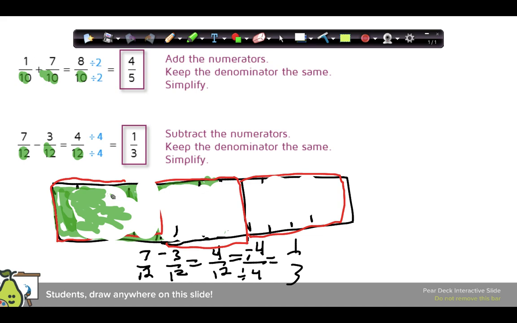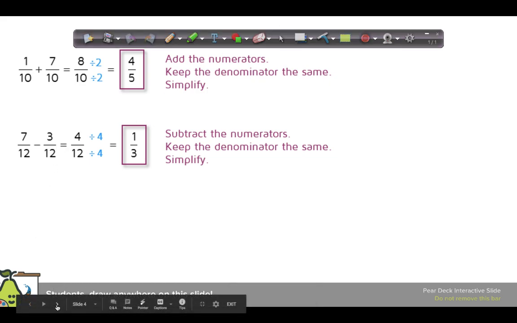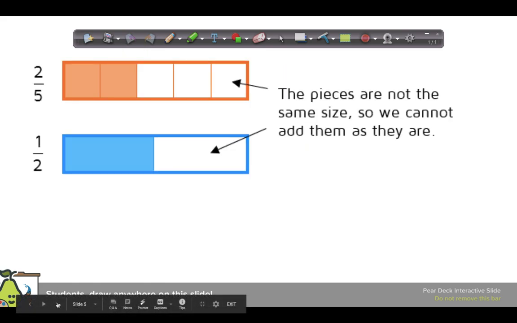And that's really a picture of simplification. The shaded amount stayed the same, but how we viewed the picture was simplified into 1/3. By watching these recaps, sometimes you get a little extra information because that wasn't even discussed, or that picture was, we did it, but that was a better picture than we did in class.